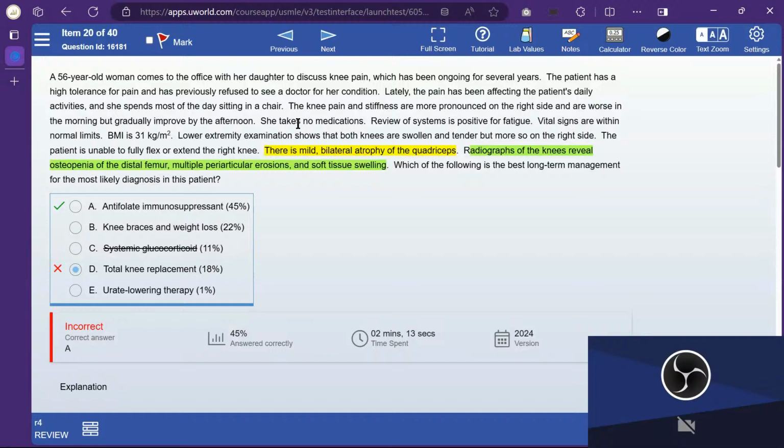He takes no medication. Review of systems is positive for fatigue. There is mild bilateral atrophy of the quadriceps. X-ray of the knee reveals periarticular erosion and soft tissue swelling.